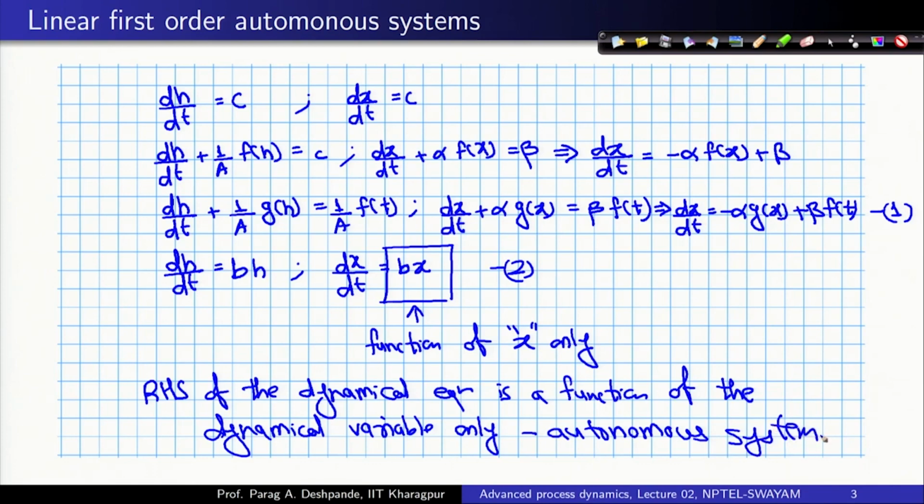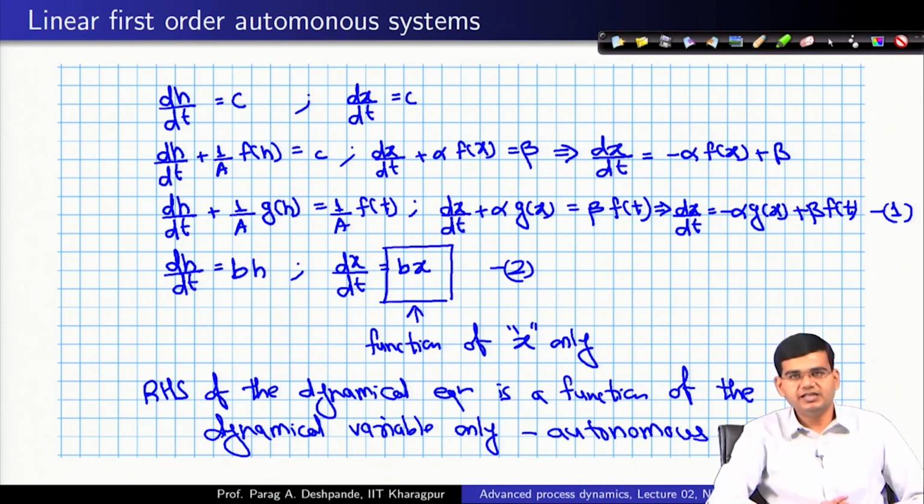So, what is a first order linear autonomous system? A linear first order autonomous system would be a system in which the dynamical equation would be a single first order ODE, the corresponding ODE would be linear, and autonomous means that the right hand side, when you rearrange the equation as dx by dt is equal to some function of the variables and parameters which appear in the equation, should be only a function of the dynamical variable and not time.